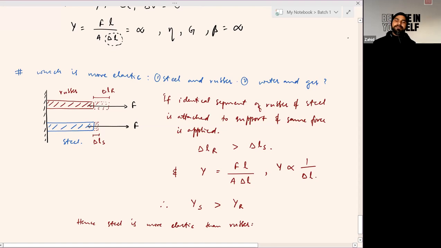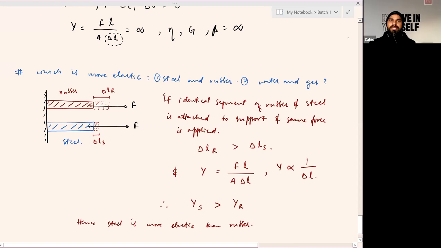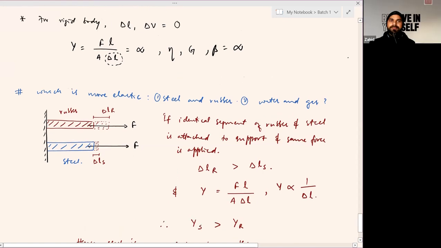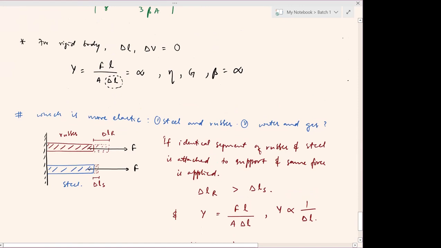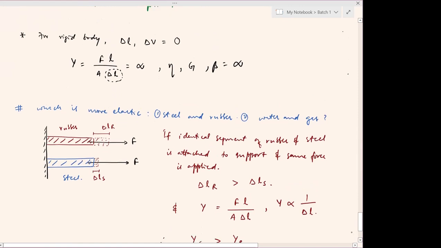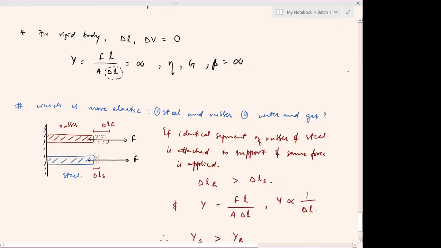Hiba, is it clear? Yes, sir. Salman, any doubt? No, sir, no doubt. Can you show the question? I didn't write it. The answer, sir. You may write it from here. Writing.